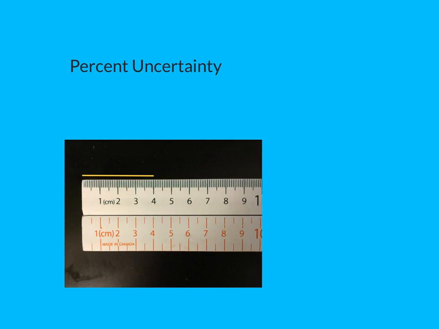But this one, actually, I think I may have done it almost exactly 4 centimeters. But we can say plus or minus 0.05 centimeters because we know it's not 3.9. We know it's not 4.1. Do you see that? It's not 3.9 because 3.9 would be right here, and it's definitely longer than that.